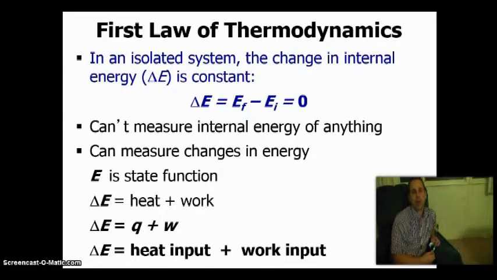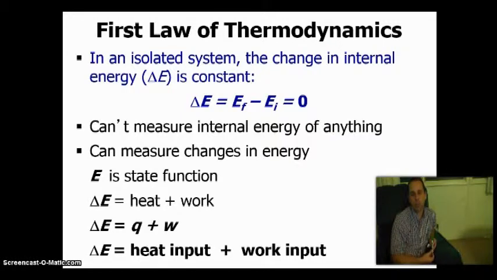So, because energy is a state function, we can measure the energy before and afterwards and see how the energy has changed. And that energy change will be due to the change in heat or the change in work. All right? So we introduced heat before, and we calculated a lot of problems with heat, with heat capacity, specific heat, change in temperature. We could identify the heat using those different values.